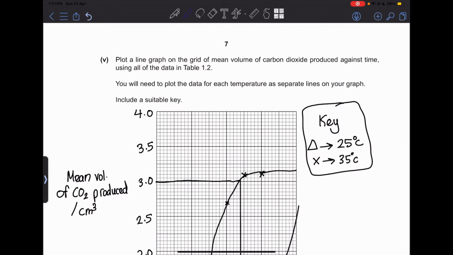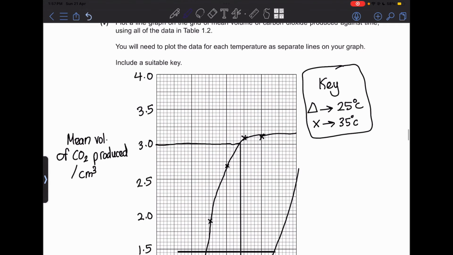Now, V says plot a line graph on the grid of the mean volume of carbon dioxide produced against time using all of the data in table 1.2. You will need to plot the data for each temperature as separate lines on your graph. Include a suitable key. So here's the key that I included. You can use any shape, but you have to make different shapes that do not look like each other.